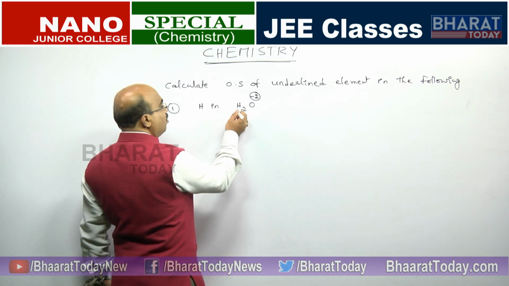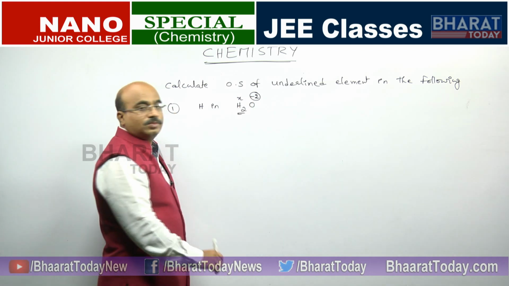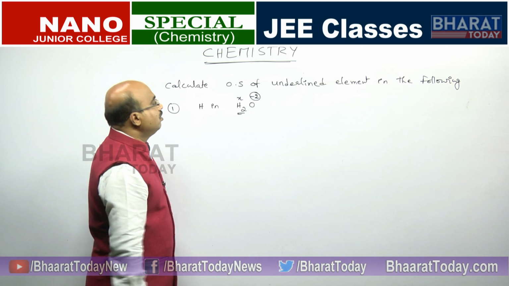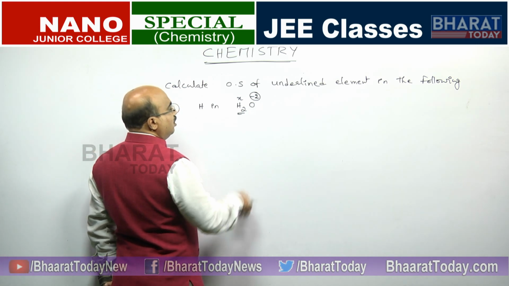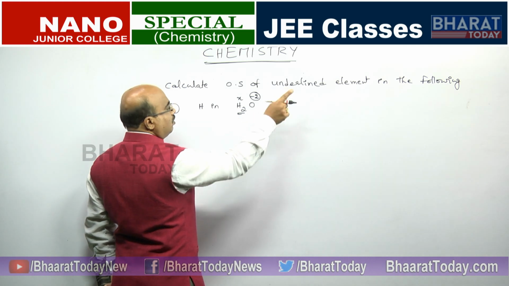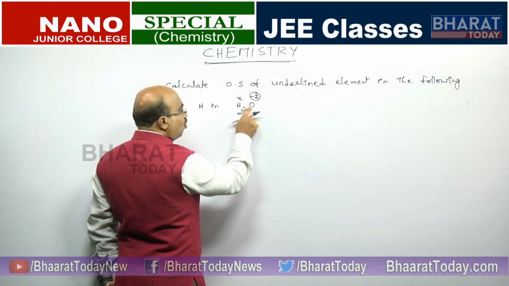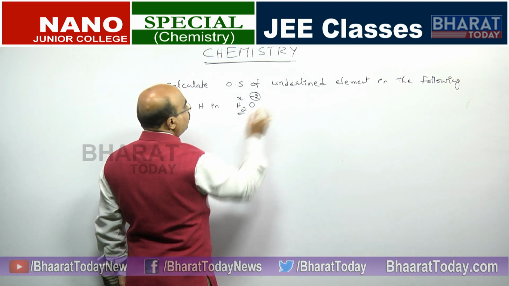On the element which you are trying to identify, assume X. Then what we have to say? We apply the last rule, that is, the sum must be equal to the total. So, what we have written, this -2, is not on the total, it is only on oxygen. So, the total charge is 0.